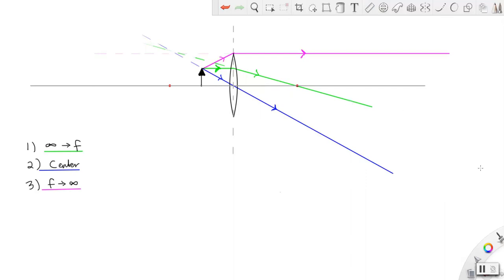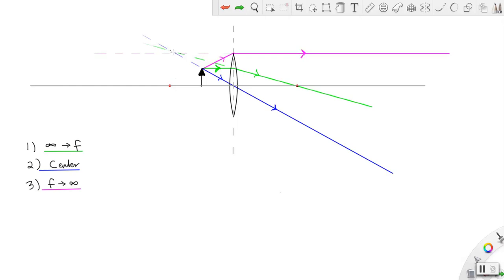Now, we really should take a look here at where these appear to be meeting. Two of them, the blue and the green, appear to meet here. The green and the purple appear to meet here, and the blue and the purple appear to meet here. Like I told you before, that creates this little triangle of possibility where our image could be located.